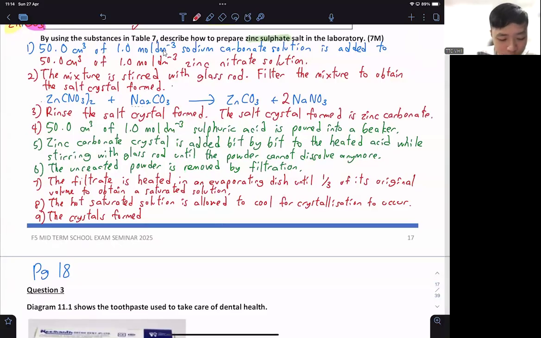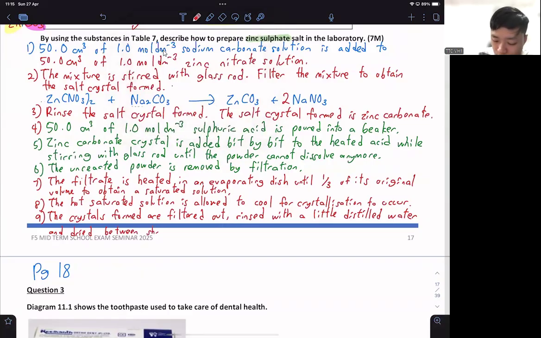Then you have to say the salt crystals are filtered out, rinsed with a little distilled water, and dried between sheets of filter paper.